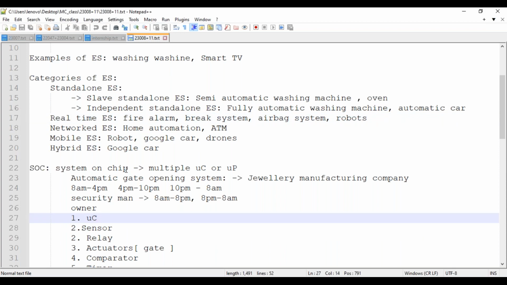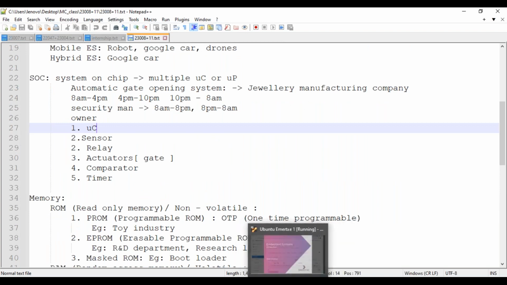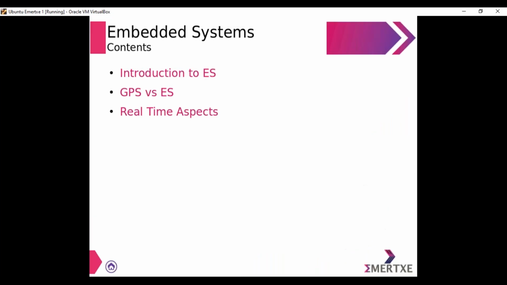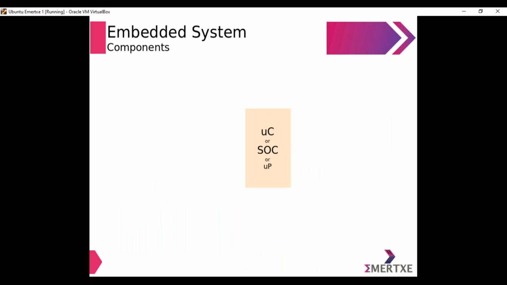All right. So after that, we started with the components of the embedded system. To start with, the very first component we discussed was microcontroller or microprocessor or SoC. If the functionalities we have to implement are more, which cannot be taken care of with a single microcontroller, we might need multiple microcontrollers or microprocessors.